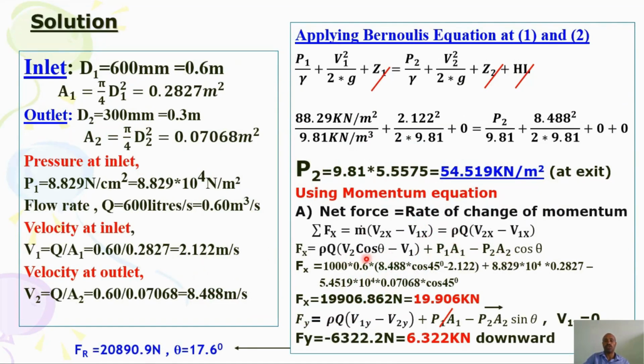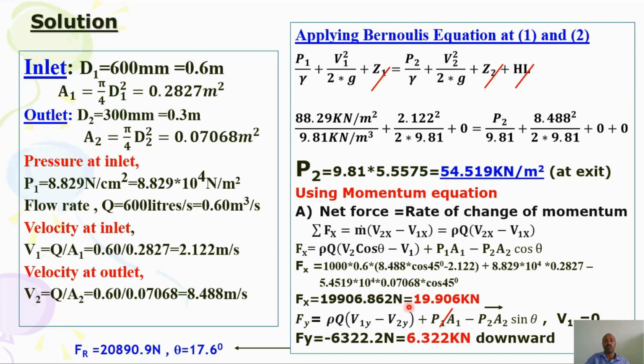So after substitution, rho Q (V2 cos theta minus V1) plus P1 times area. This is the pressure force; pressure is force over area. Then if you crisscross, you will find the force is P1 A1 minus P2 A2 cos theta. Since section 2 is inclined, you have to calculate cos theta. So Fx will be computed like this. You will find it in Newton, because the density of the fluid is 1000.